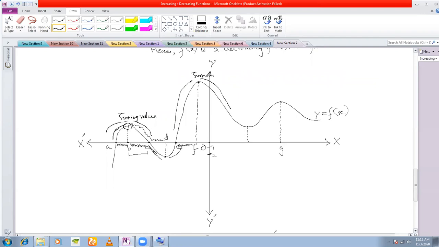So this is also a turning point. This is also a turning point, because from decreasing it is changing to increasing. Understood? So whenever a function peaks, whether increasing or decreasing, that particular point is called a turning point.